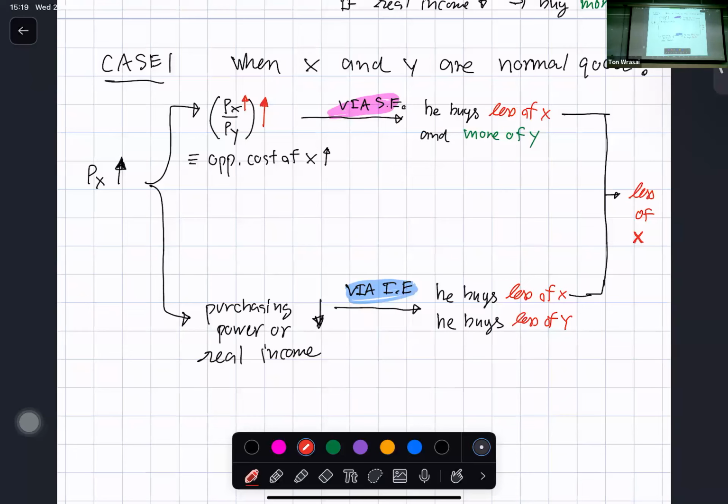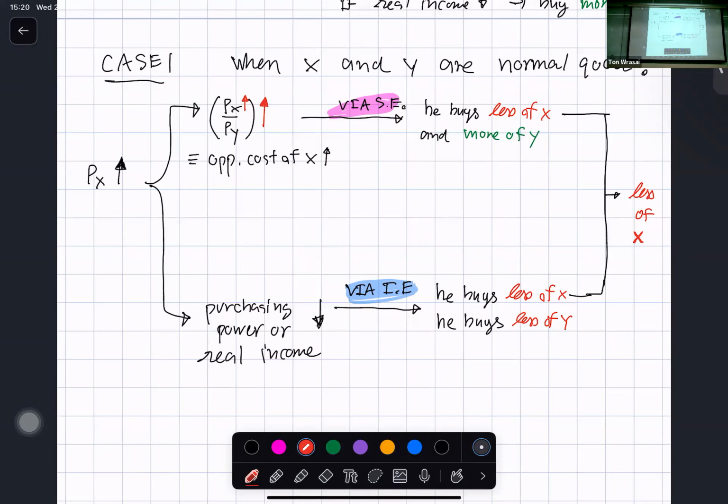It's going to be like one more, one less. SE drives him to buy more of good Y, more Pepsi. IE drives him to buy less of Pepsi. What is the net impact on good Y then? Because now SE and IE move in opposite directions. What would you say then?